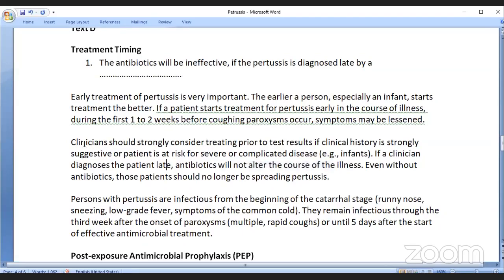If you see, this sentence says the clinician should strongly consider treating prior to test results if the clinical history is strongly suggestive or a patient is at risk of severe or complicated disease. Here clinician is mentioned, but our answer is not in this sentence. Sometimes there are changes in the next sentence, and we should note our keywords.